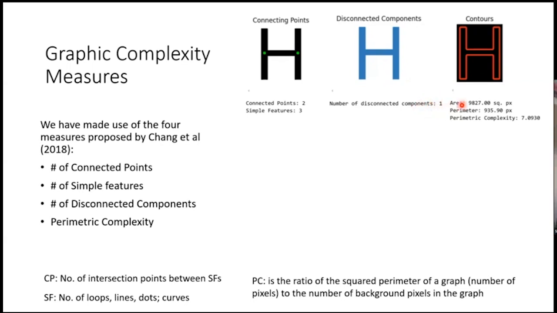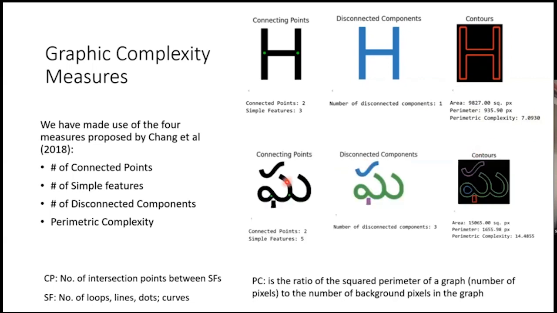But letters like I are disconnected, so they have two parts. This way, the number of disconnected components is calculated. Perimetric complexity is mathematically defined as the ratio of the squared perimeter of the contour of the letter to the number of background pixels in the graph. So this is calculated mathematically.